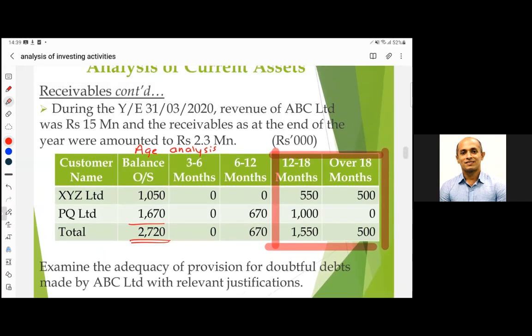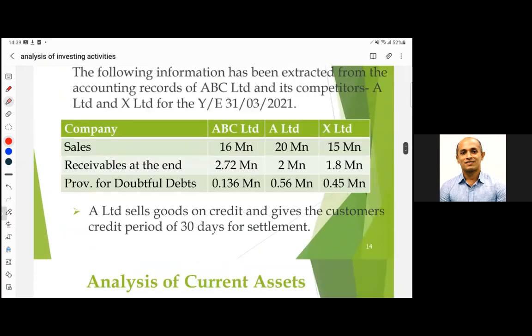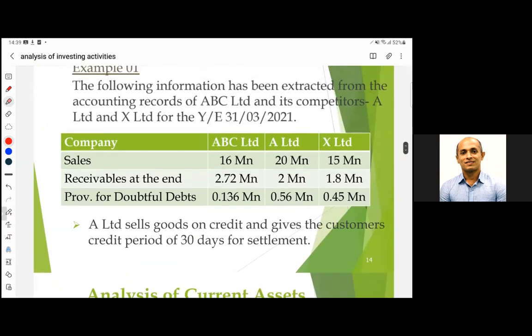But if you look at the provision, you see company has made provision for doubtful debts. Only 0.136 million. It's only 136,000. In thousands, 136.